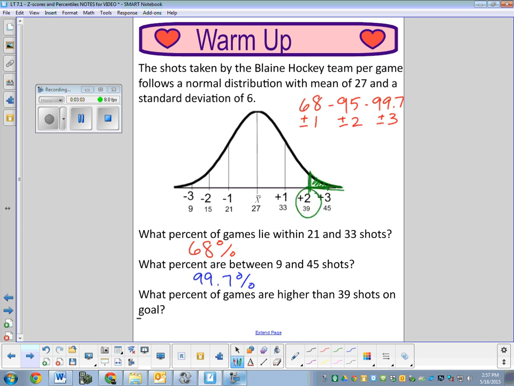And since it's around that +2, I know that 95% of my data are between 15 and 39, which means I have 5% split up evenly between the 2 tails. So half of the 5 is over here and half of the 5 is over here on the left side. So what percent are higher than 39 shots on goal? That would give me 2.5%.